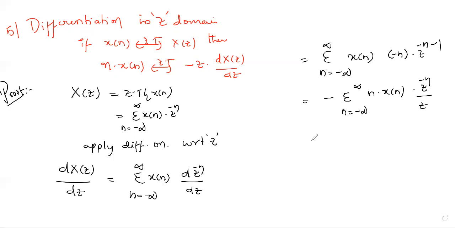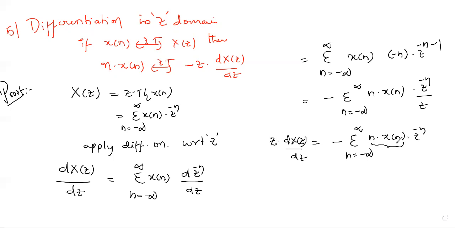Z power minus n minus 1, right? Minus n minus 1. Okay. So now if you take this side, minus z into dX(z)/dz equals minus the sum from minus infinity to infinity of n into x of n into z power minus n minus 1.